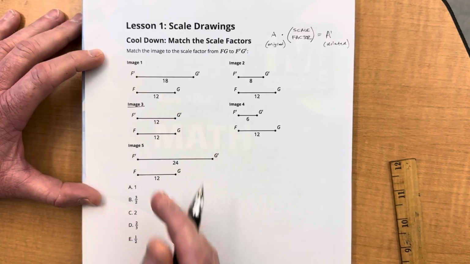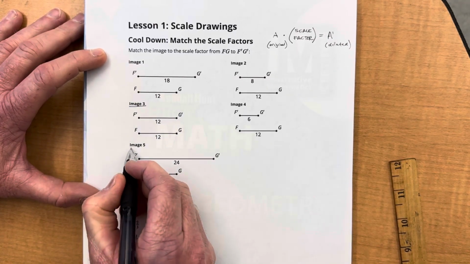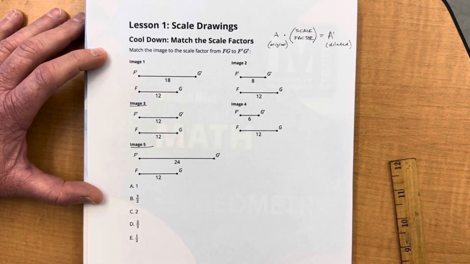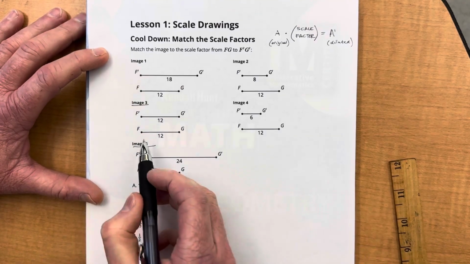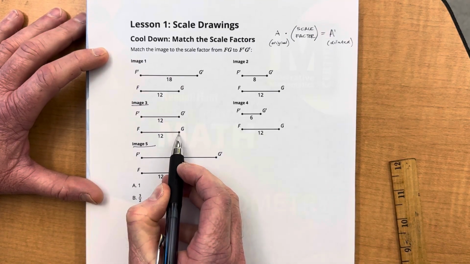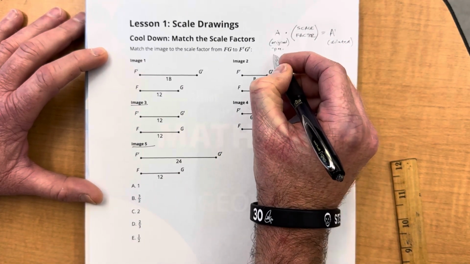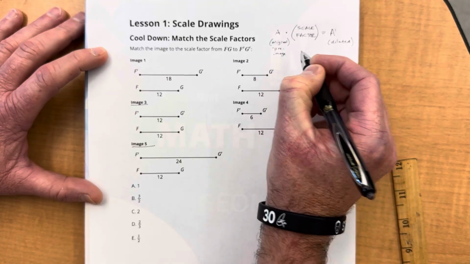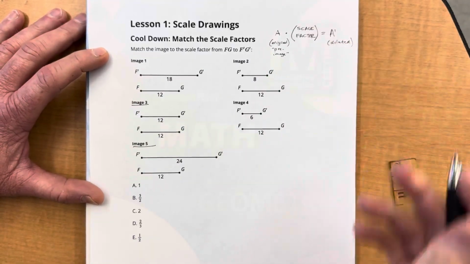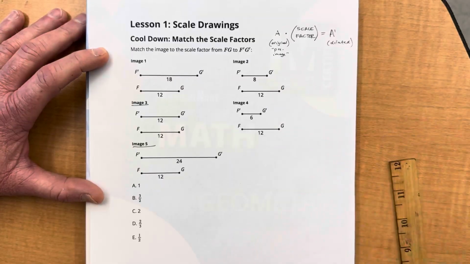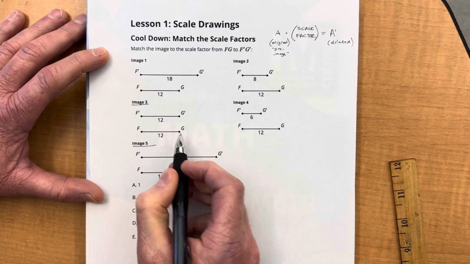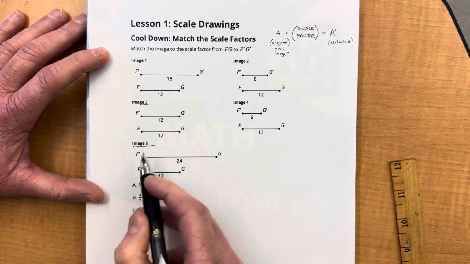So 3 is pretty easy, 5 is pretty easy. Now, based on what we just talked about, that means that FG is the original, or, to use a proper term, pre-image. So all you got to do is just plug these in.